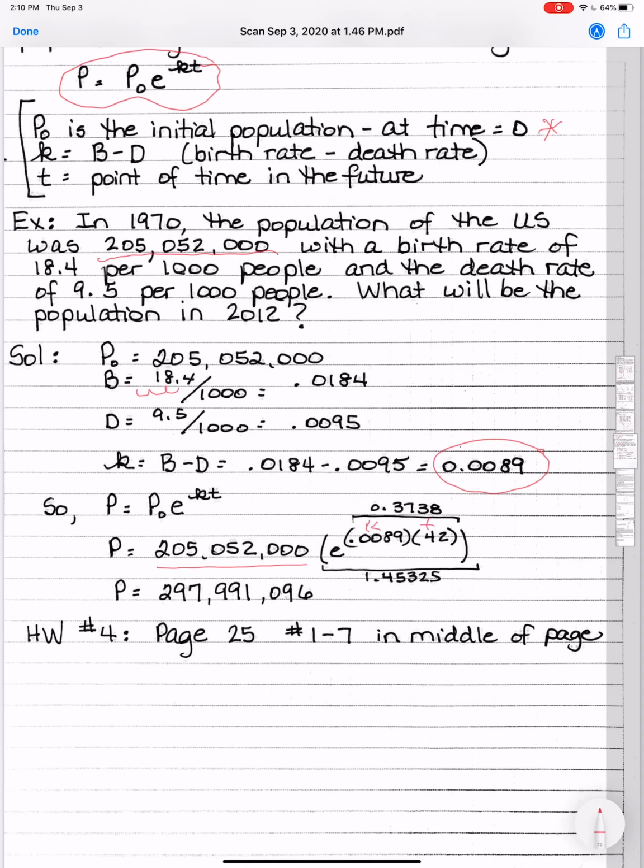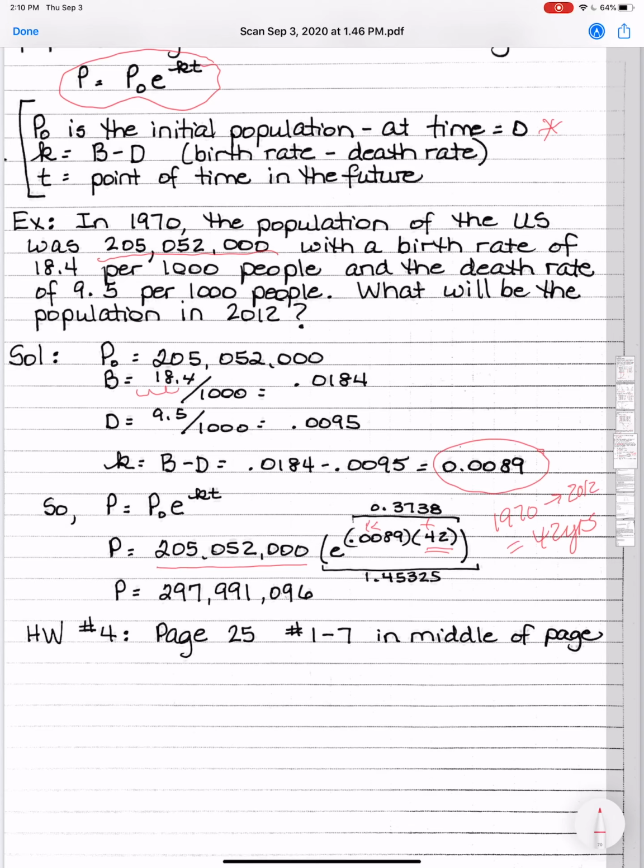So when you multiply 0.0089 by 42 years, because from 1970 to 2012, that is 42 years. So that's where we get the 42. And that sum is 1.45325. I try to write all this out so you can check it on your own calculator.